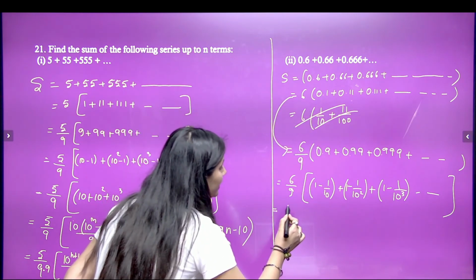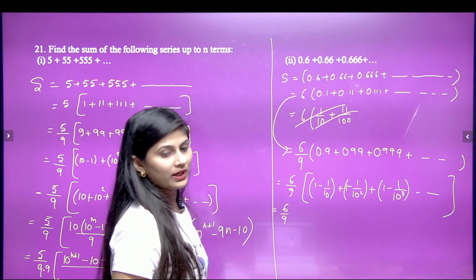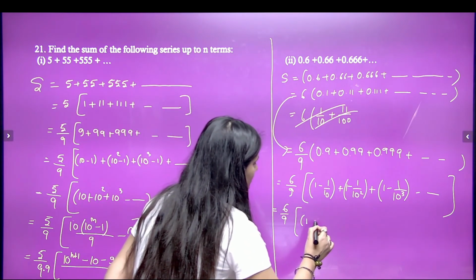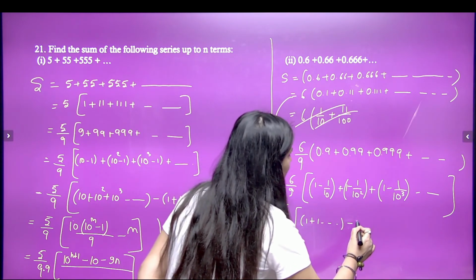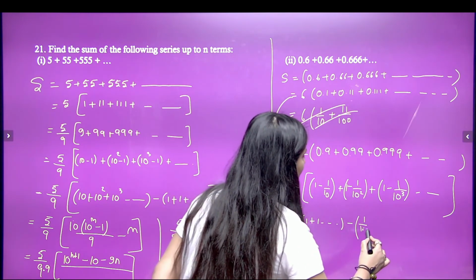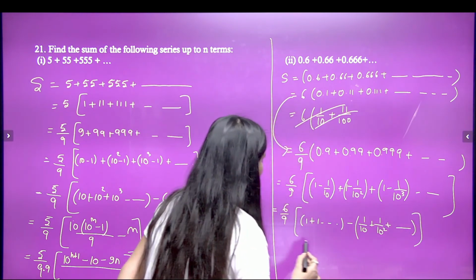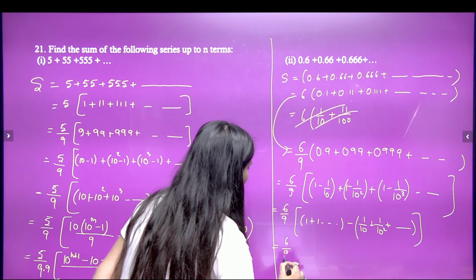Okay, so now we have 6 by 9 and 1 plus 1 plus 1, and in the next bracket we have 1 by 10, 1 by 10 square, and it goes on like this. So it is 6 by 9.